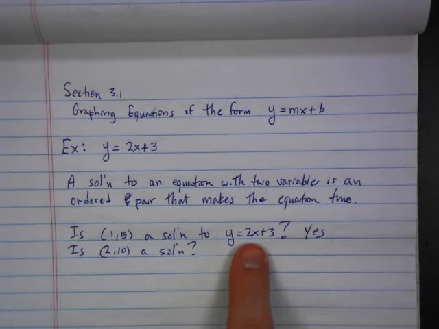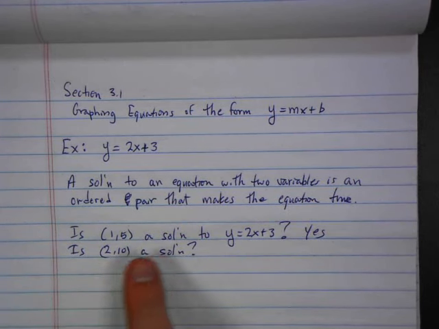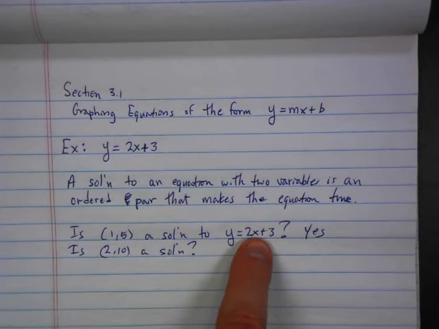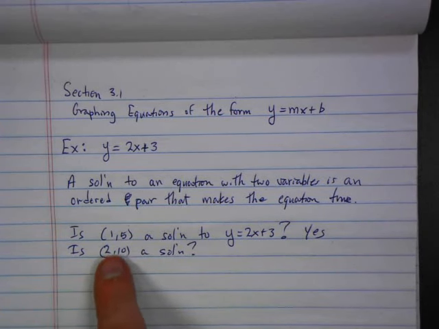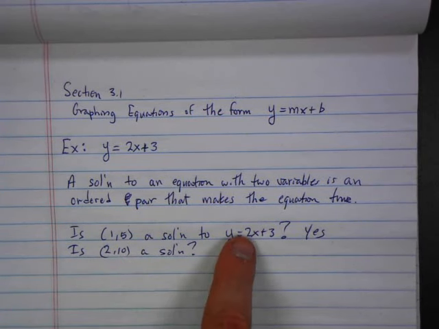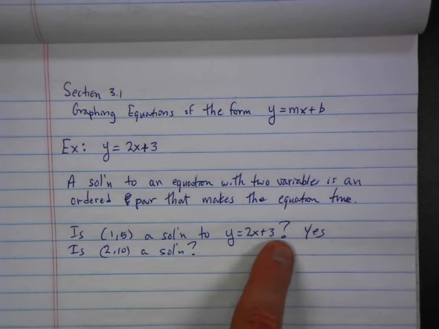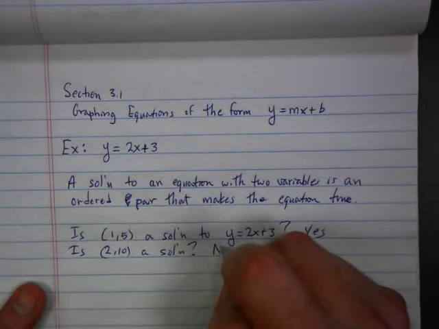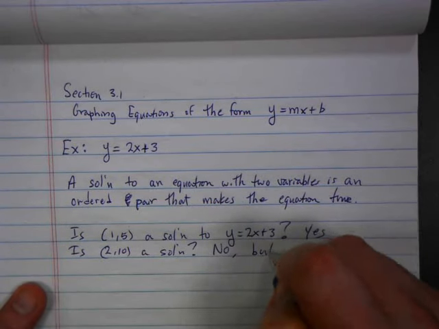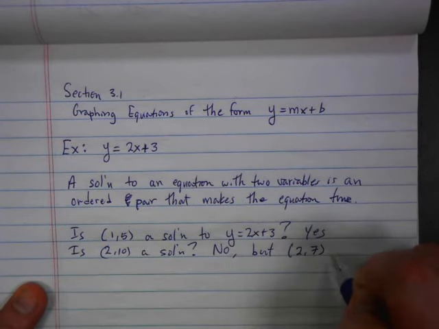This equation, y equals 2x plus 3, I'm still using that equation. Is (2, 10) a solution to that equation? No, because what happens if I take x equals 2 and plug it in? What's 2 times 2? 4 plus 3? 7. Is 7 equal to 10? No. But (2, 7) is.